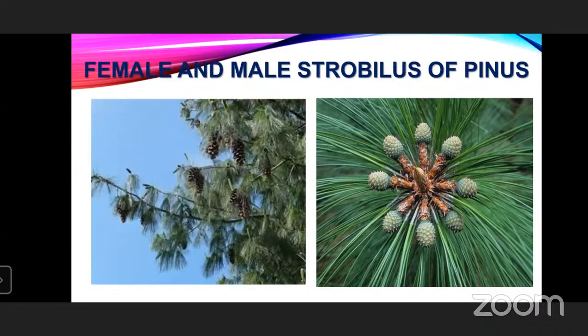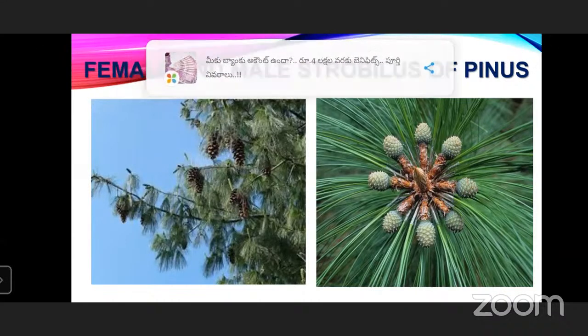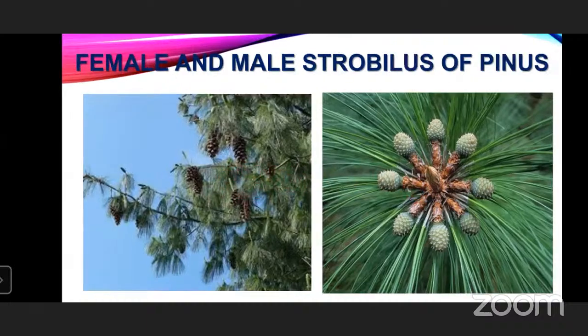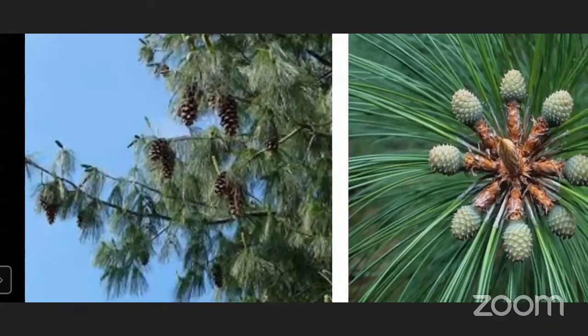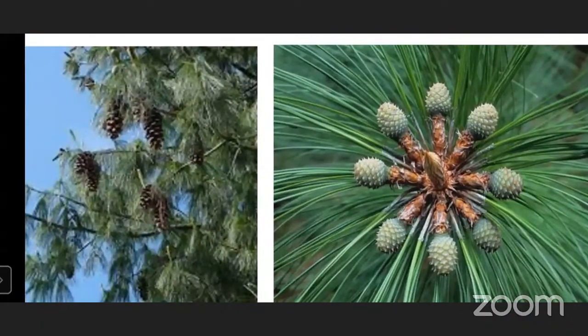Male and female strobilus of Pinus. These are the images of the female and male strobilus. This one is the female cone and this is the male cone. These gymnosperms are flowering plants. They belong to phanerogams. Phanerogams means flowering plants.